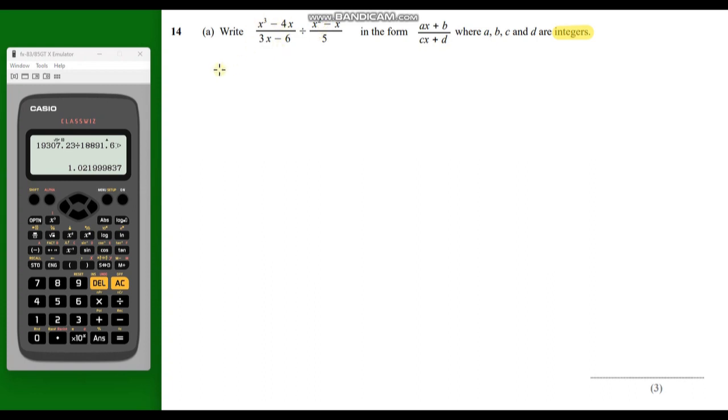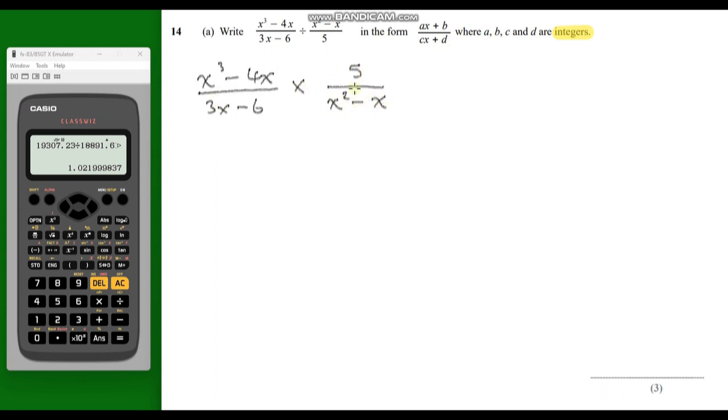So we keep the first fraction, so x cubed minus 4x, all over 3x minus 6. We change the sign from a division to a multiplication, and we flip the second fraction. So it's going to be 5 in the numerator, and the denominator will be x squared minus x.